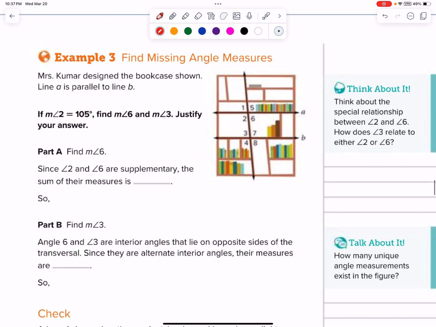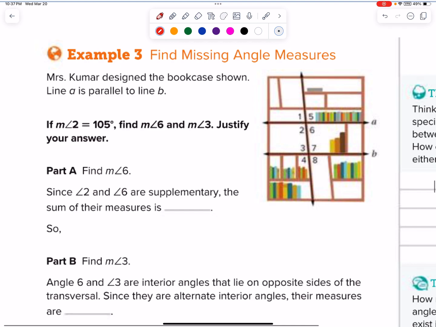Example 3, finding missing angle measures. They're going to give you information, and it is your job to problem solve and figure out these other pieces with all of your knowledge about angle positions in relationship to different intersecting lines. So here we go. They're letting you know that line A is parallel to line B. Okay, that's important information.